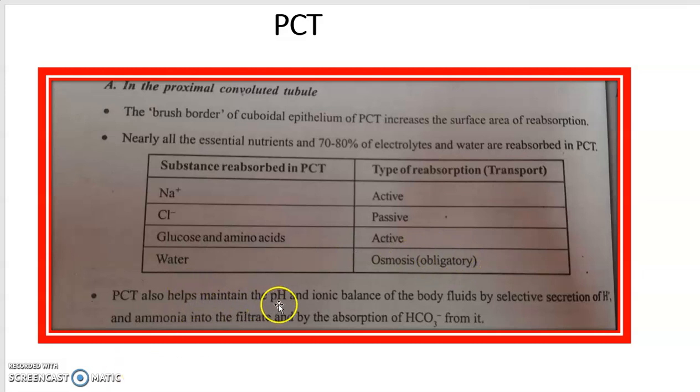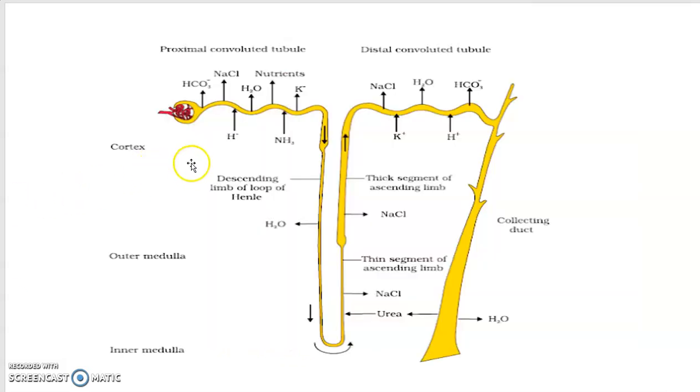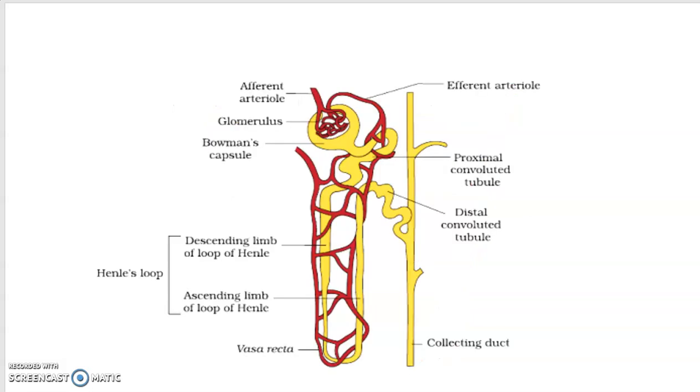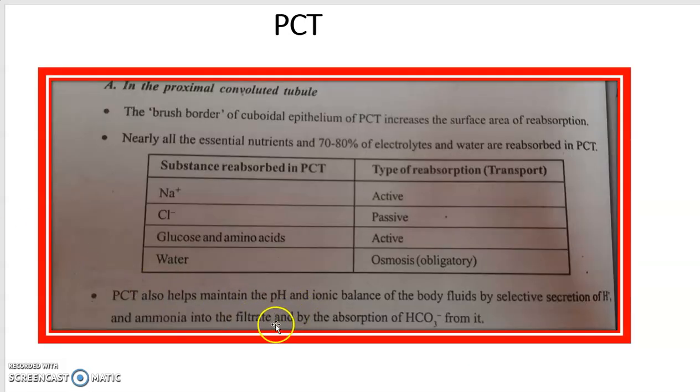The PCT also helps to maintain the pH and ionic balance of the body fluids by selective secretion of H+ and ammonia. You can observe here, this is H+ and ammonia are secreted into the filtrate, and by the reabsorption of HCO3- from it.